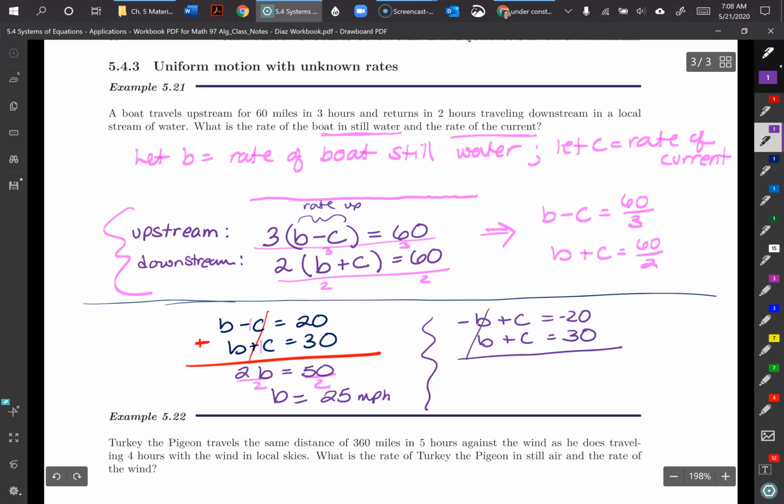And then the B's cancel out, right? Because I'm going to add these. I'll get 2C equals 10, -20 plus 30. Divide by 2, and I get C equals 5 miles per hour. So that's actually not bad. That's a really quick way to do it.